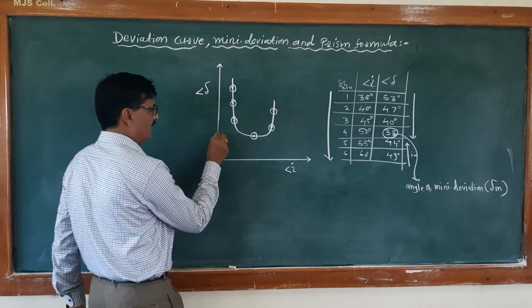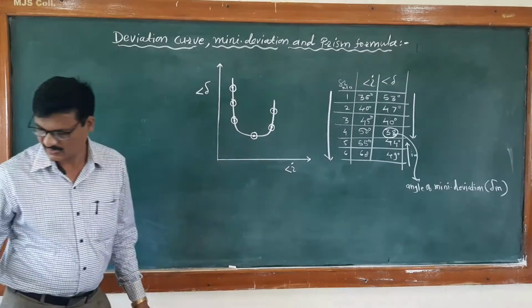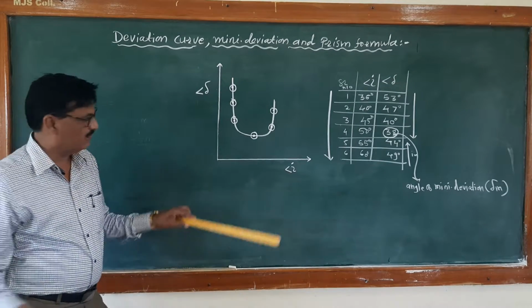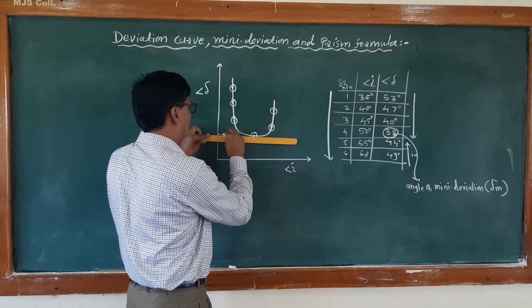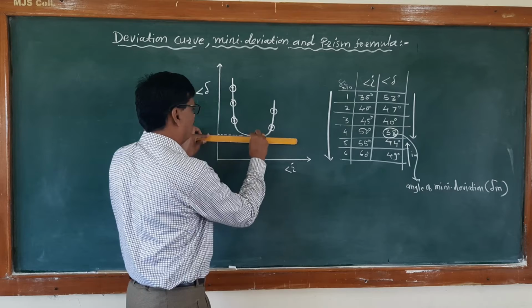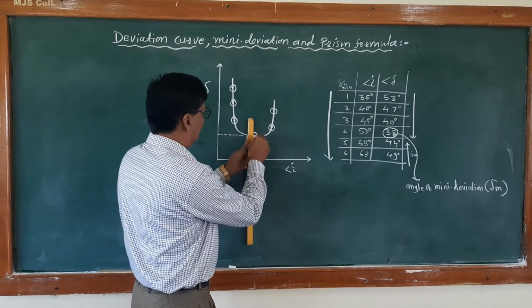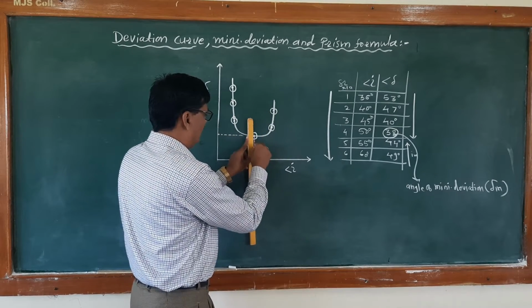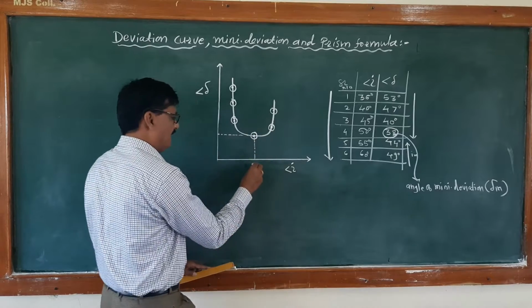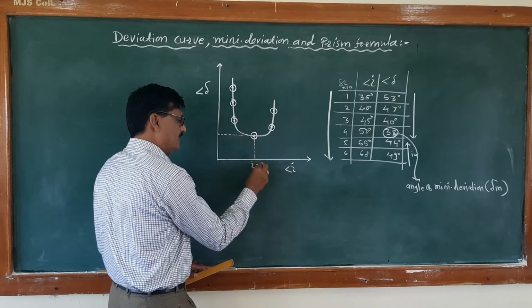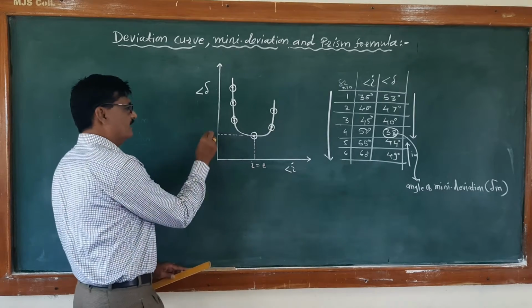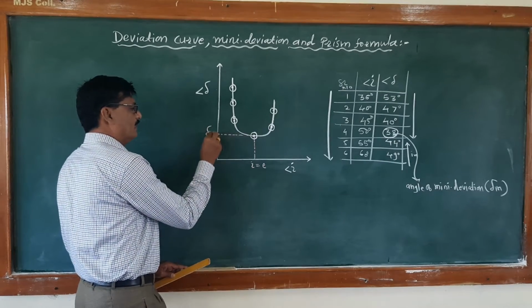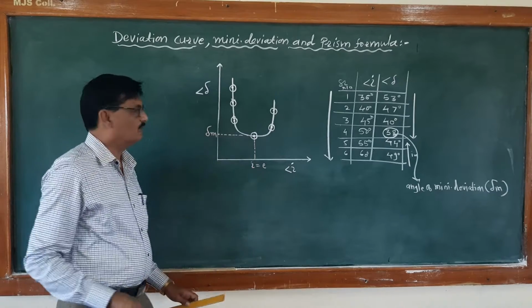And this minimum value is called the angle of minimum deviation. Suppose this is delta m. If the ray of light undergoes minimum deviation, at that time the angle of incidence is equal to the angle of emergence, and this delta is equal to delta m.